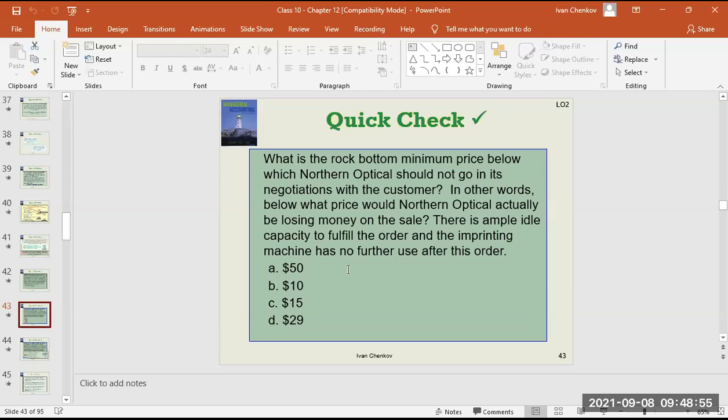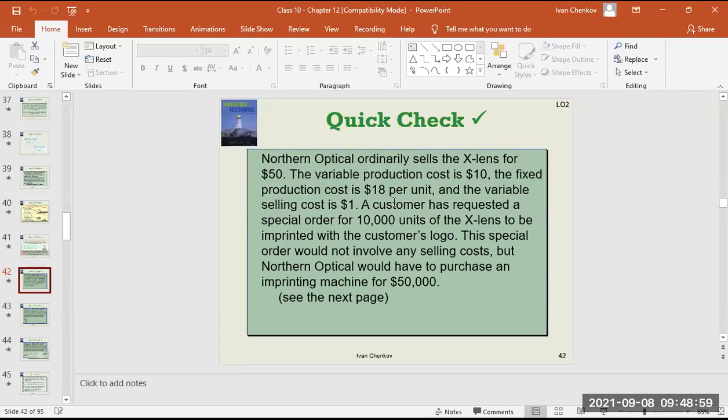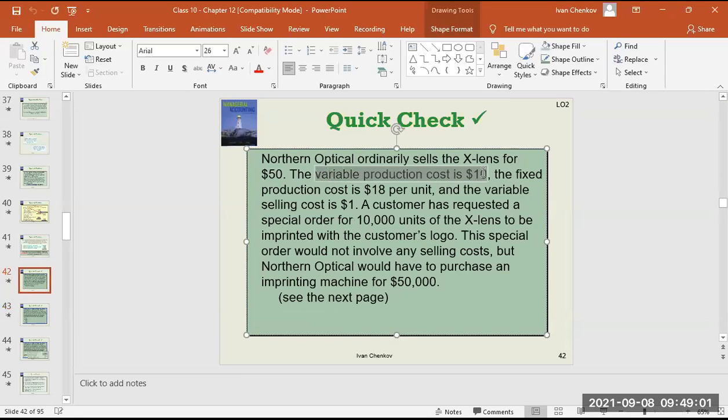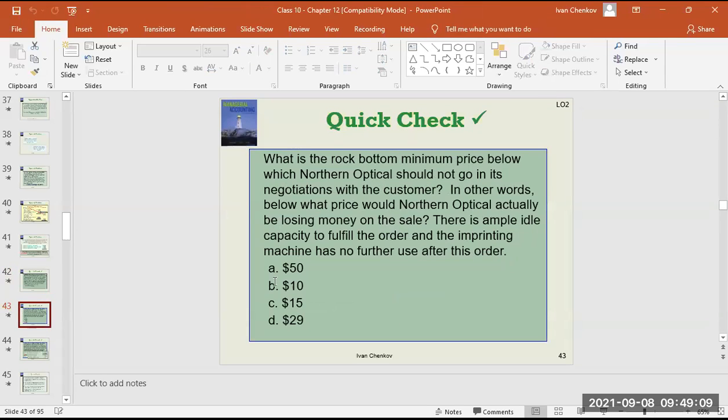And the imprinting machine has no further use after this order. So since we saw that the variable costs are relevant, and the $50,000 on the 10,000 units gives $5, our rock bottom price will be $15.